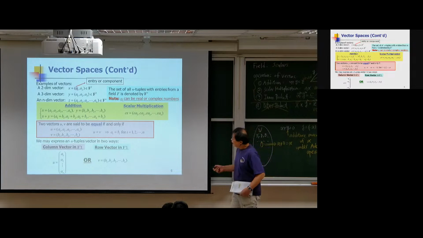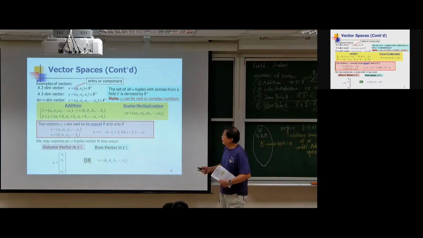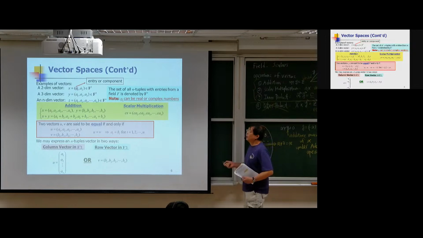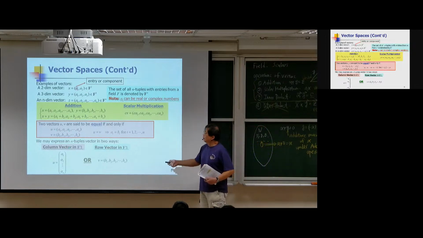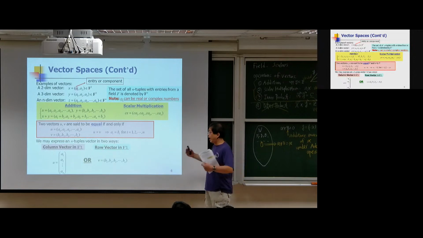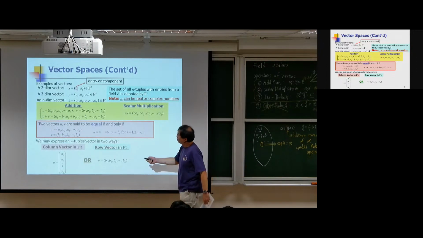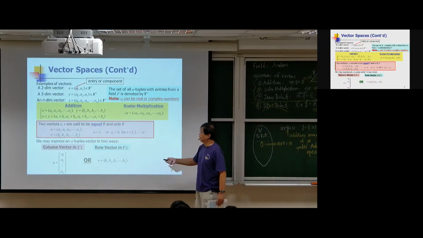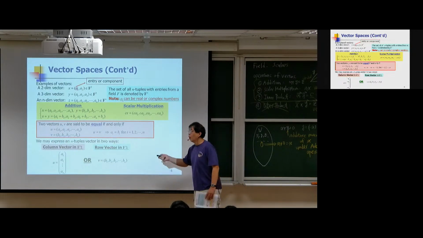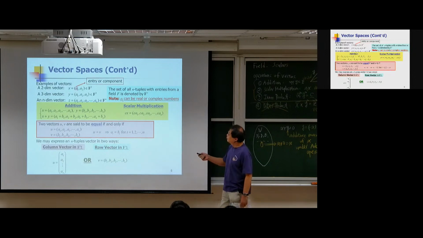So if I have vectors U and V and we say they are equal, if and only if all the elements are the same at all axes. So I will have A1 equals B1, A2 equals B2, A3 equals B3, and AN equals BN. So all the entries AI equal BI in these two vectors.